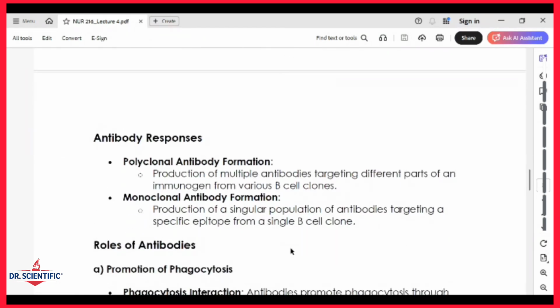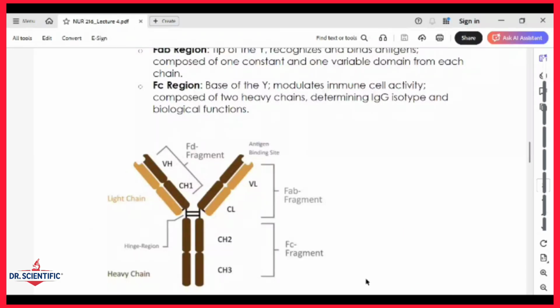Okay, so ideally that is how antibodies look, structured generally. The immunoglobulin supergene family is the one that produces the B cell receptor as well as the T cell receptor. So it means that the B cell receptor looks like this.